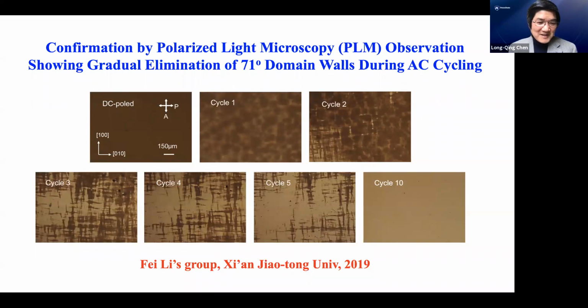Now here, Fei Li, our collaborator, as I mentioned before, was at Penn State for 3 years. He was really the one driving this research, trying to see how AC can influence the piezoelectricity.